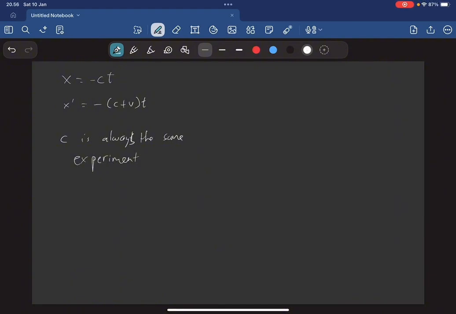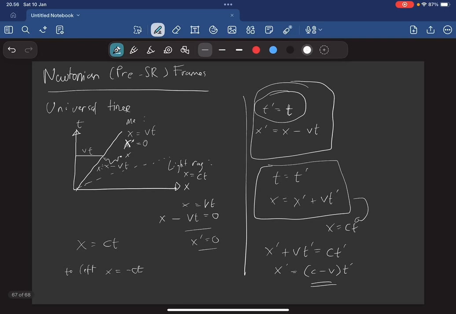The only way to reconcile this conflict is to recognize that something is wrong with Newton's transformation law. We need to figure out how to repair this equation so that the speed of light is the same for both of us.